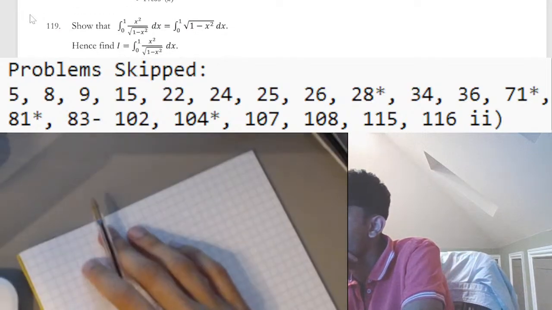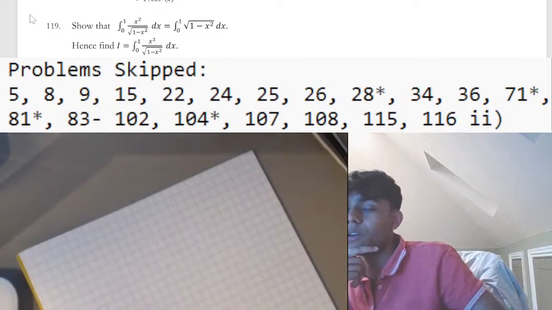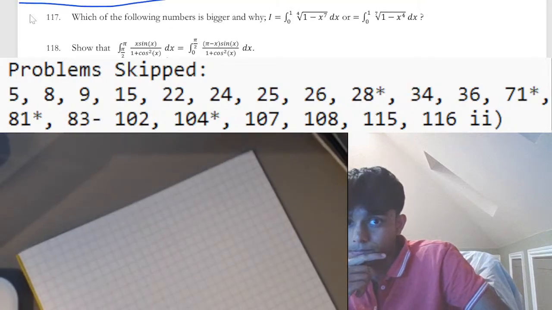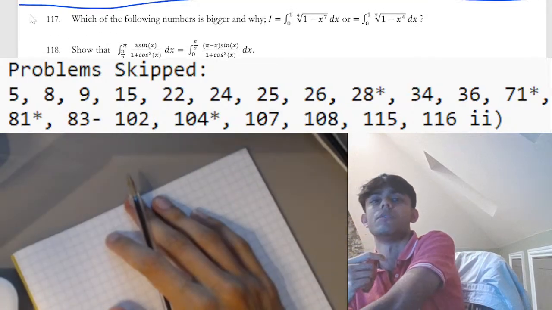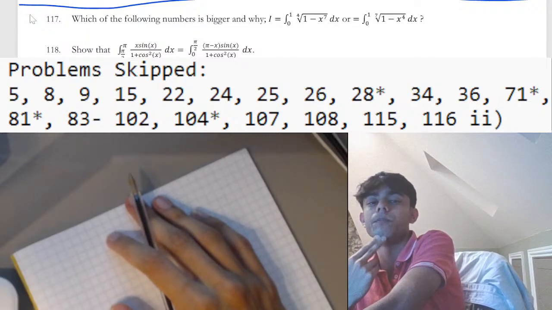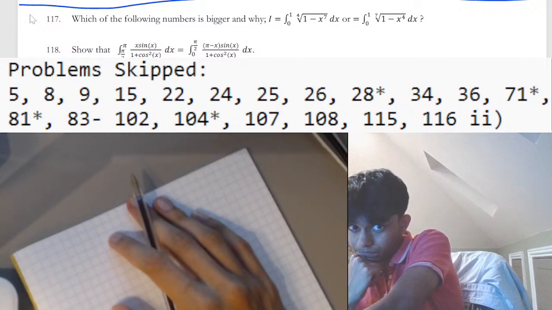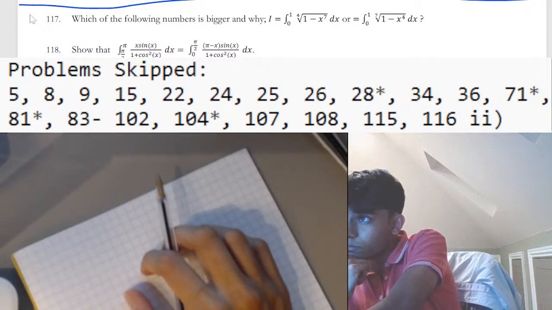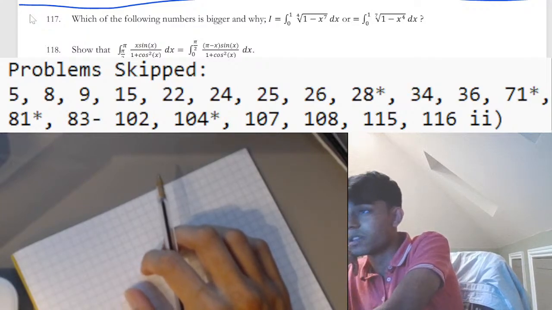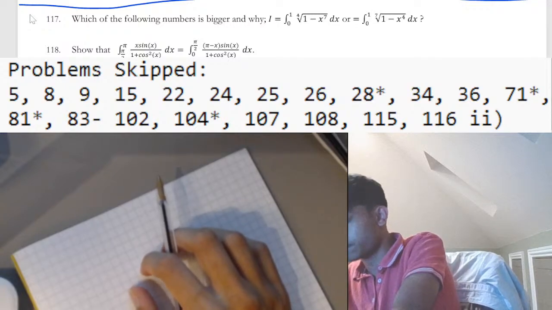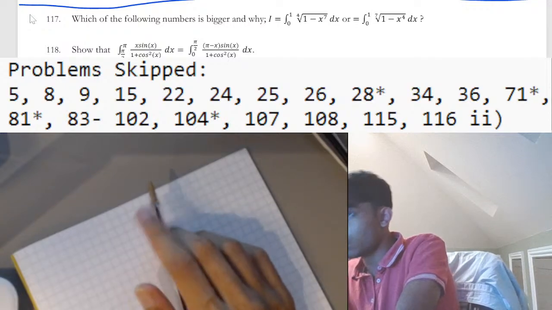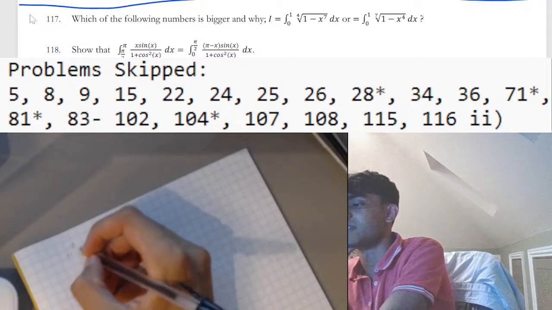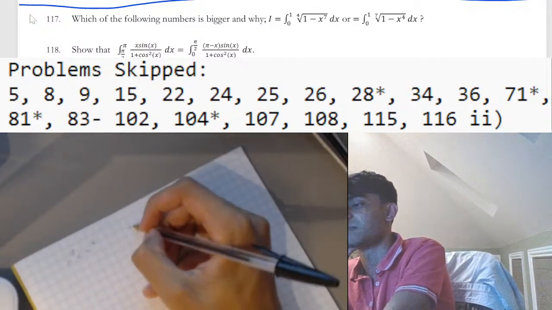Which of the following numbers is bigger and why? I'm thinking, x to the 7 is next to x to the 4 when x is between 0 and 1.